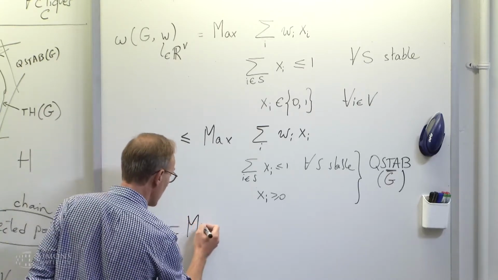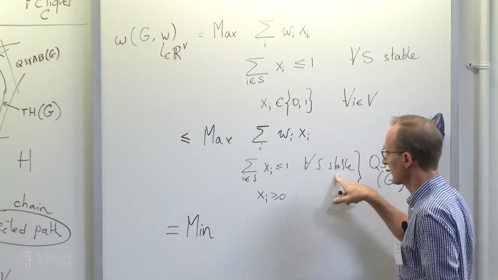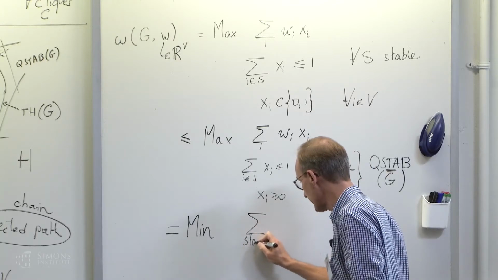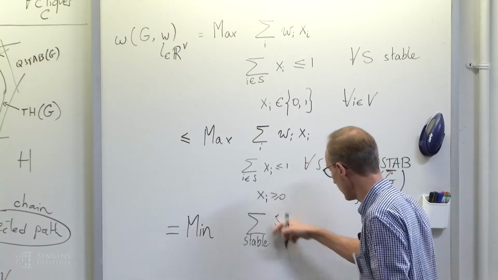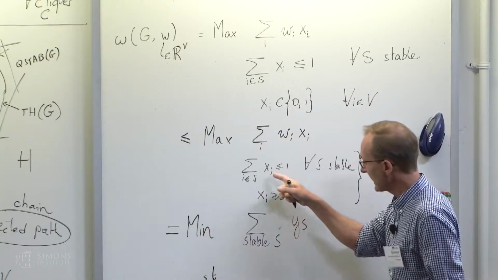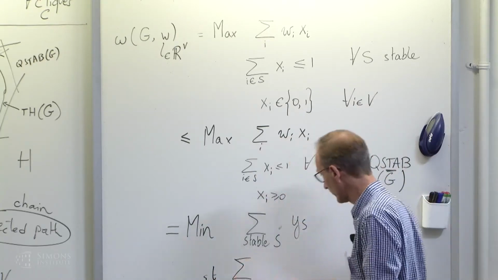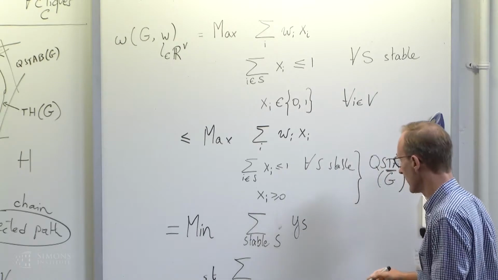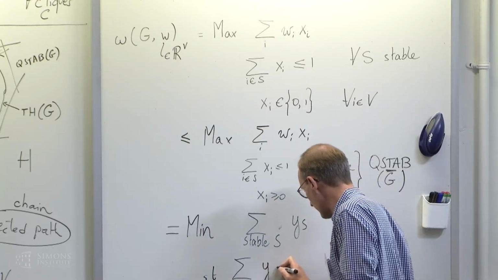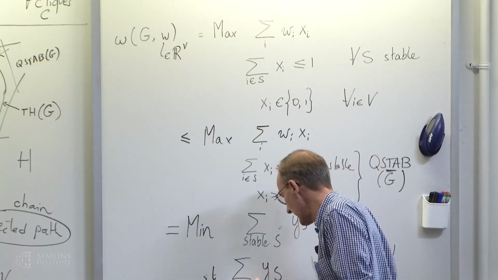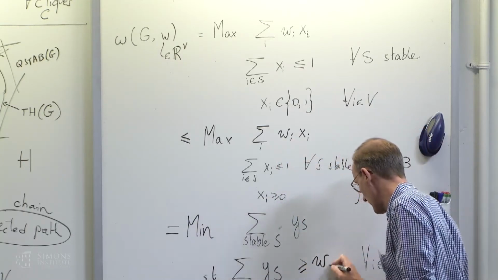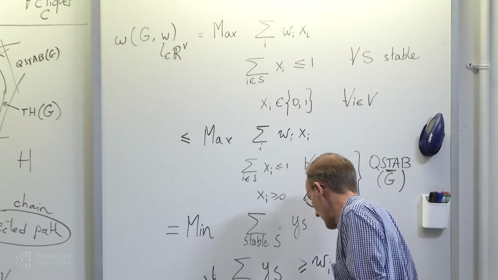In the min, I have a variable for every stable set, and so I'd like to minimize the sum over my stable sets S of ys, and then I get that for every i in V, if I look at all the stable sets containing i, this should be at least wi, and ys is non-negative.